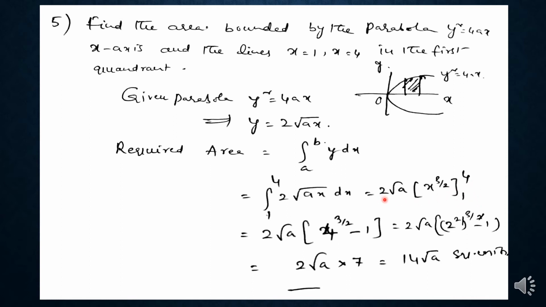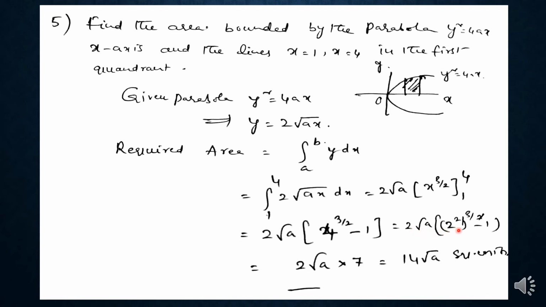So this is 4 by 3 root a into, by putting the upper limit here, 4 to the power of 3 by 2 minus the lower limit 1 to the power of 3 by 2, which is 1.